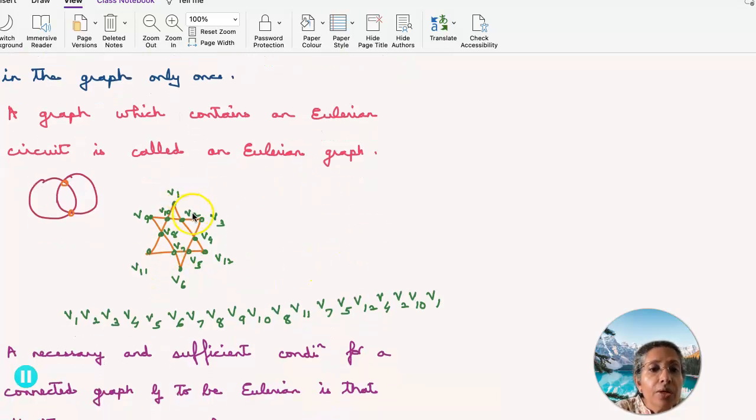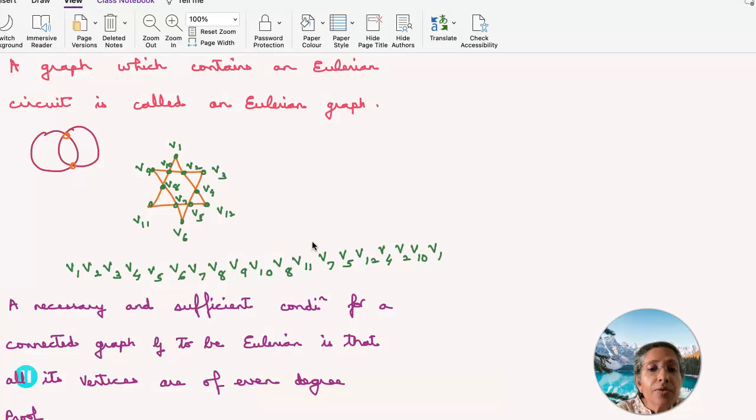You have V1, V2, V3, V4, then you have V5, V6, and then you come to V7, V8, V9, then you have V10, after V8 you have V11, then V7, V5, V12, V2, V10 and V1. So no edge is repeated here. The vertices may be repeated but no edge is repeated.